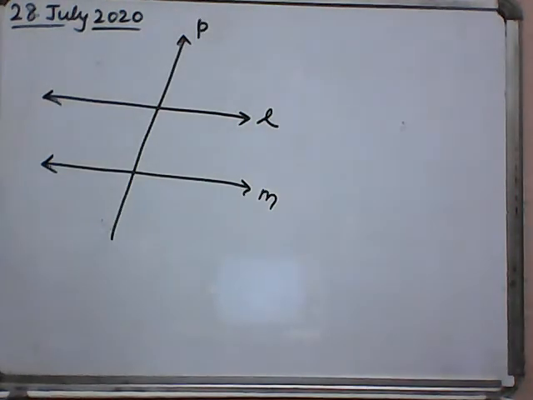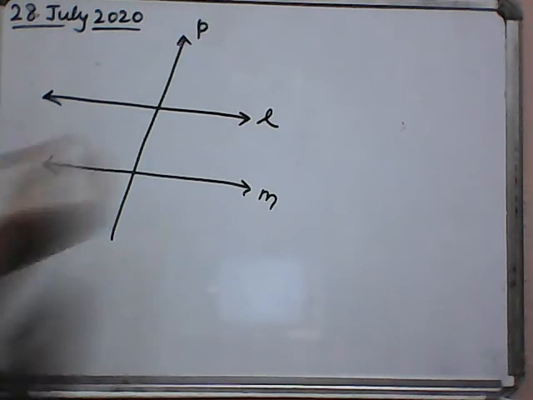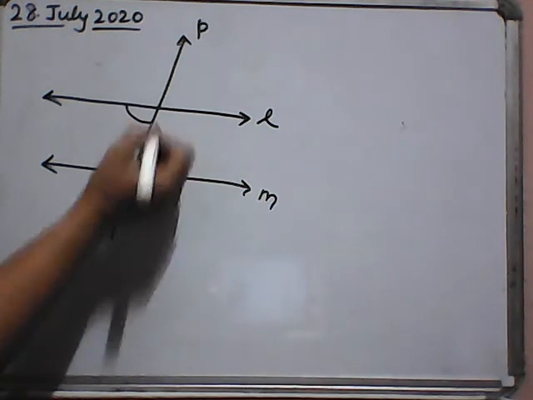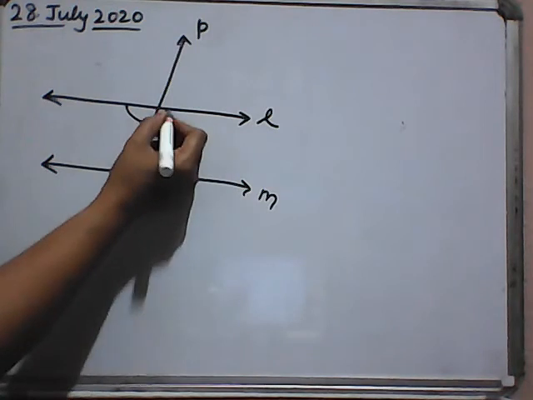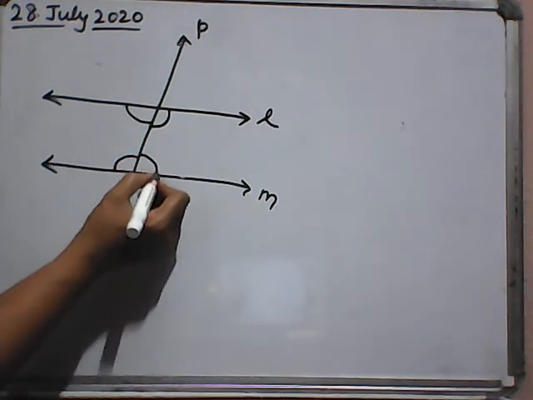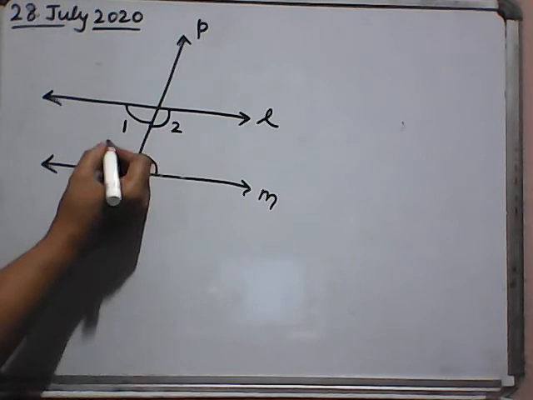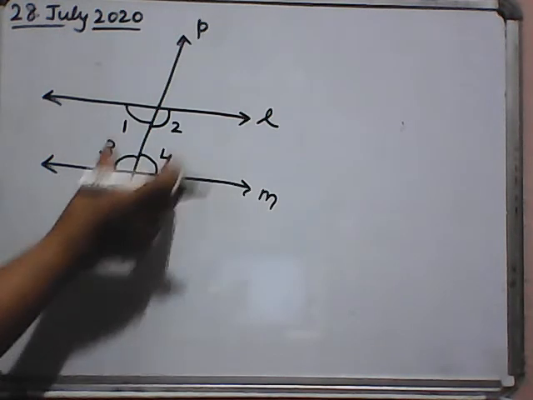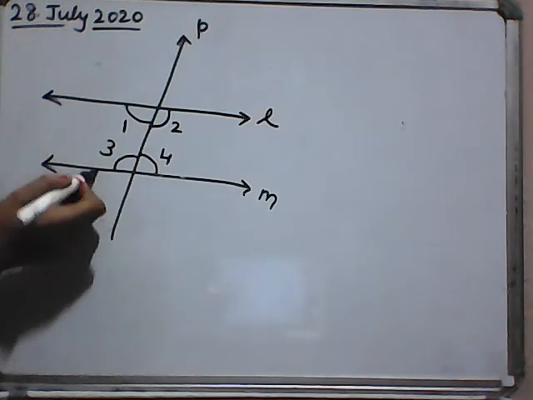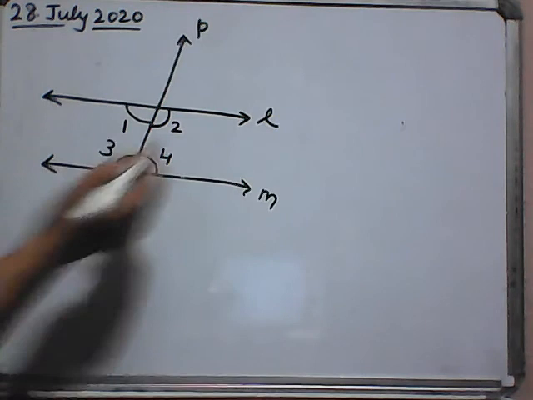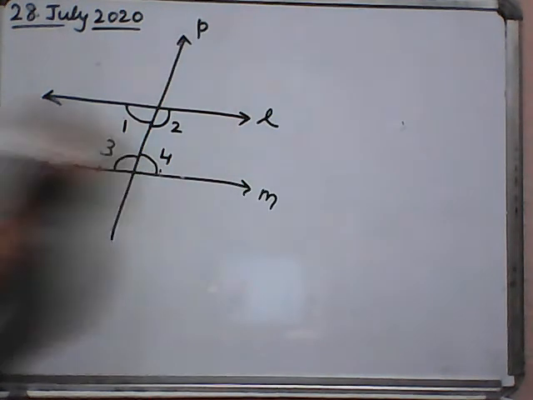Then what do you mean by interior angles? Interior angles means angles formed inside. Suppose these are angle 1, 2, 3 and 4. These angles are formed inside of these two parallel lines, so these angles are interior angles.